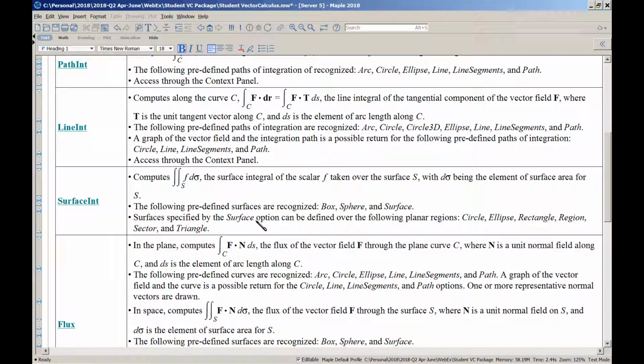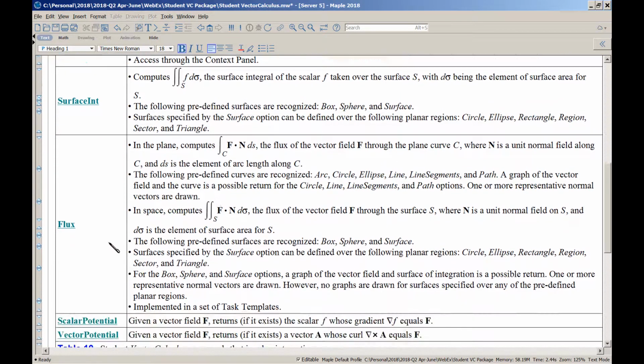The real strength of this command is that you can have a surface defined parametrically over one of these known regions. Think of a plane, where you only want to integrate over that portion of the plane which sits above a circle, an ellipse, a rectangle, a region which you define parametrically, or a piece of a circle, an ellipse, or a triangle.